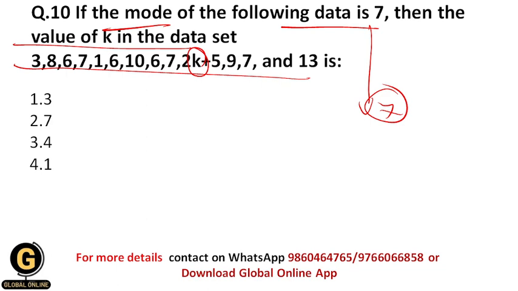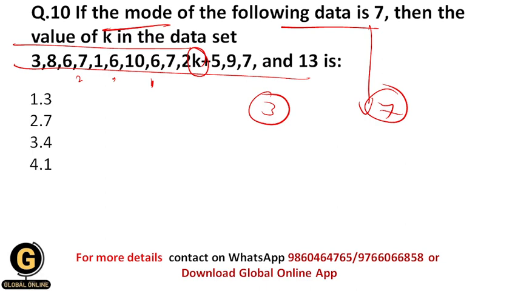So let us see how many times 7 has occurred. 1, 2 and 3 times. Now let us see if there is another number which occurred 3 times. 6 occurred 3 times, 1, 2 and 3. It means that 7 should occur 4 times.